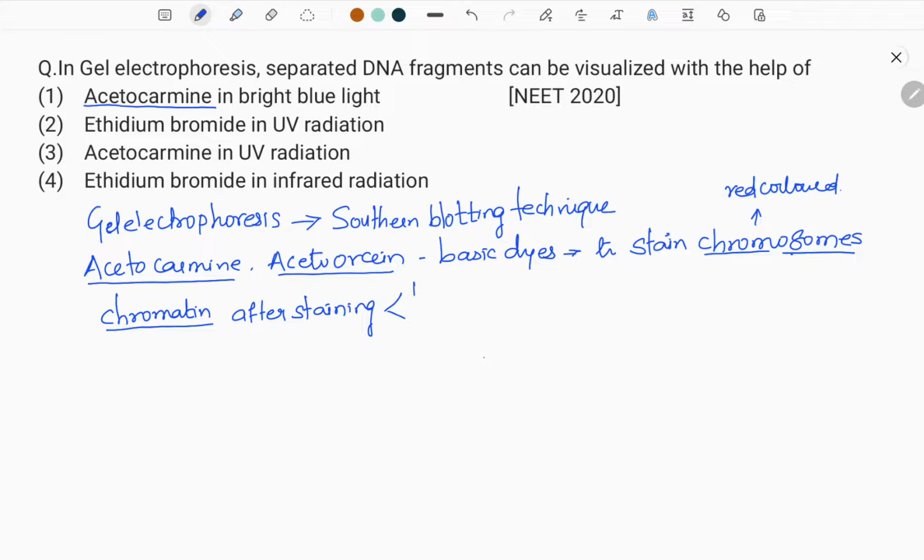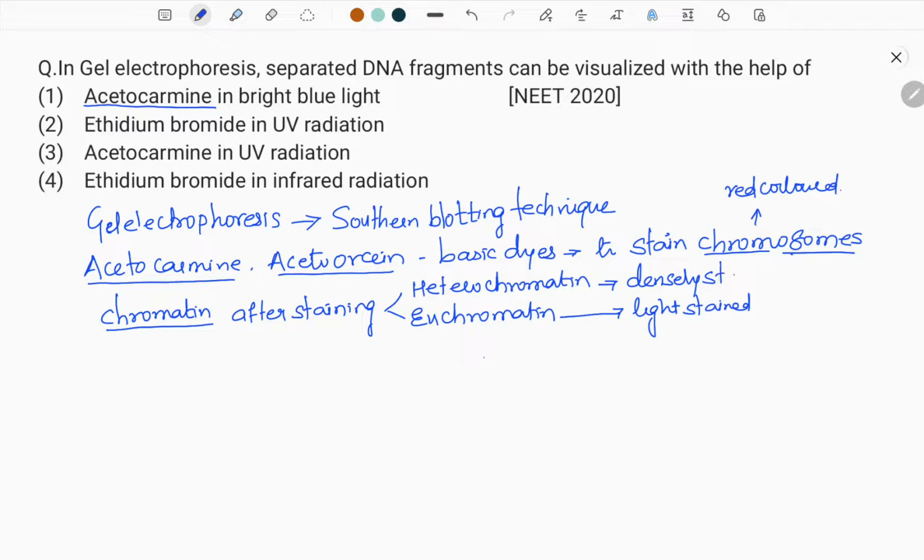After staining, the chromatin will form two types of colorations. One is heterochromatin, and the other is euchromatin. Heterochromatin means it is densely stained. Euchromatin means it is light stained. So what is their significance?